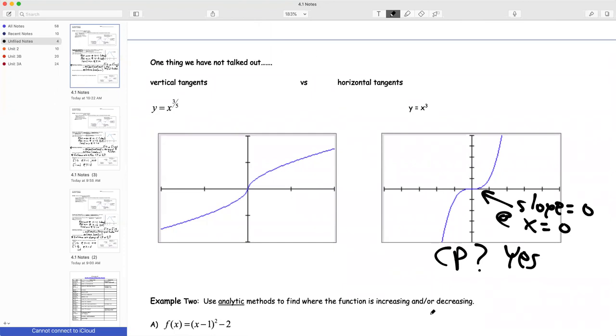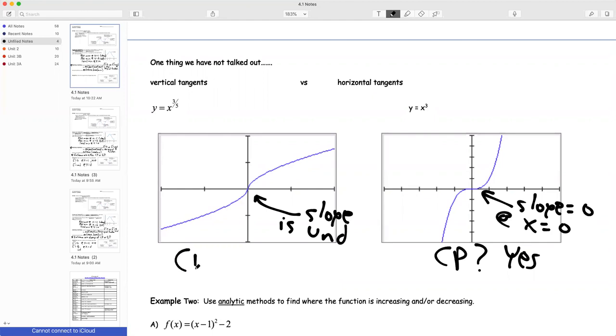So now let's compare the horizontal tangent to the vertical tangent. Like I have a function here, x raised to the 3/5 power. Here, my slope is going to be undefined because I have a vertical tangent straight up and down.